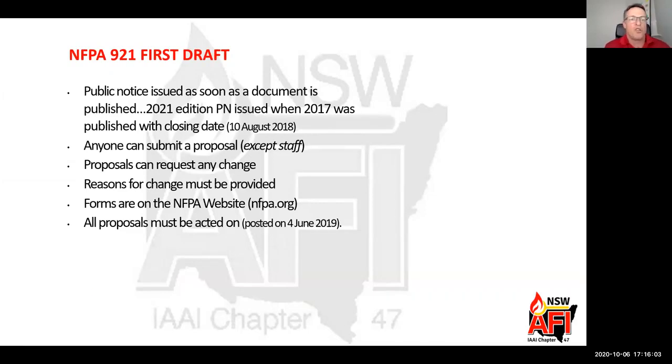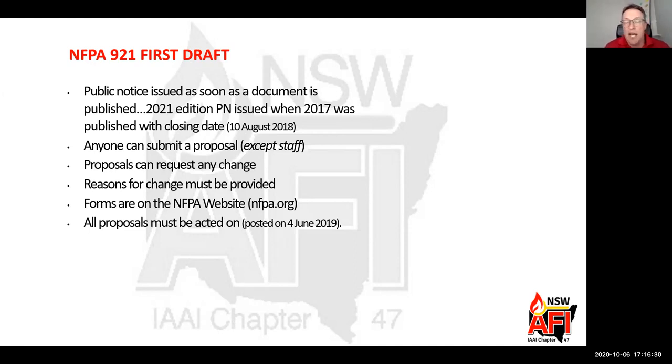From the first draft, a public notice was issued with a closing date of August, so that people can make a proposal, or make a comment, or disagree, or put a new section in if they wanted to. They submit a proposal. Obviously, the staff within NFPA can't do it. Those proposals can request anything, and a proposal can be written by anyone.